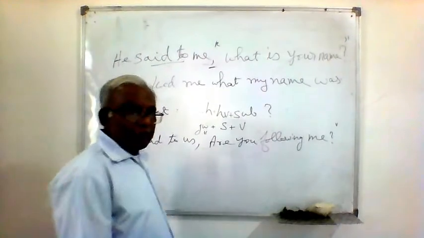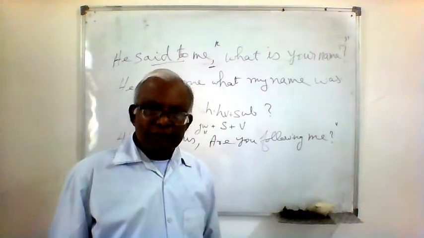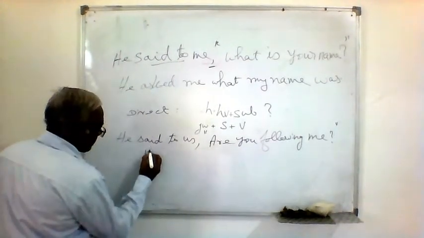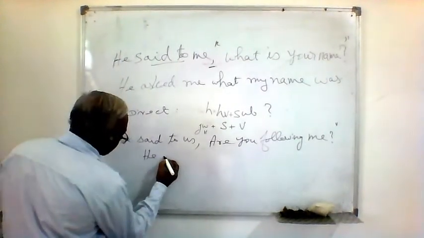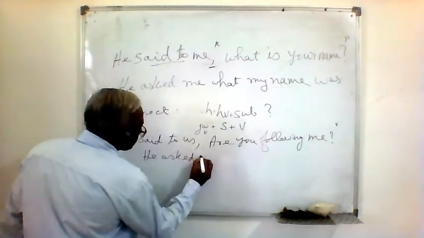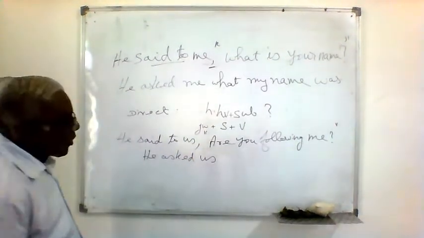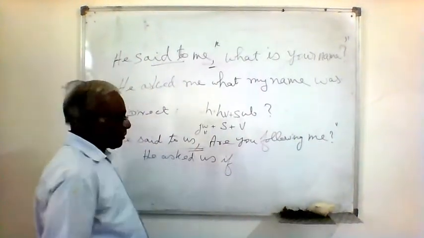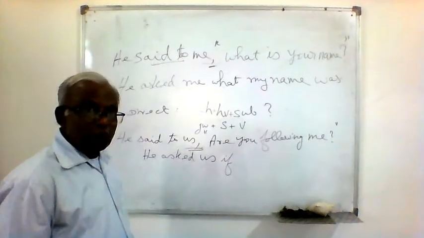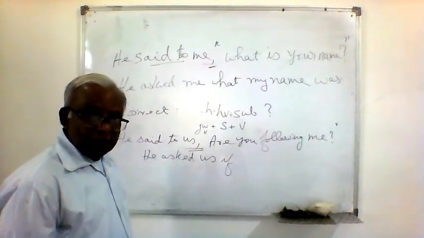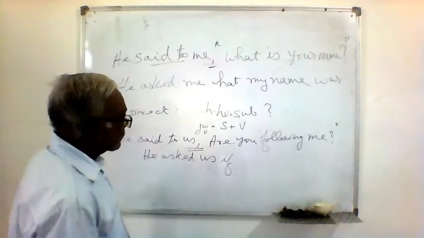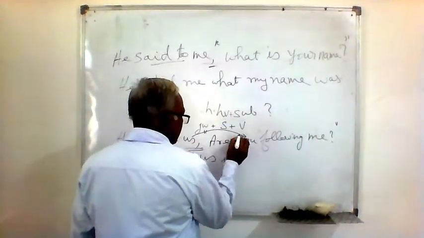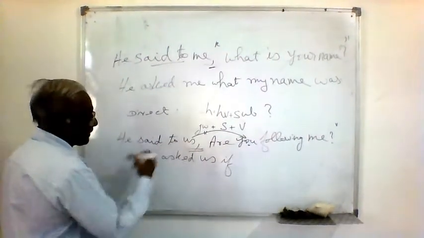The words "are you following me" mean are you able to understand me? Now therefore if we have to report it, how does it become? He asked us, we remove this "are" and the comma and quotation, and we put a joining word "if." The joining word this time is "if." He asked us if the "you" actually refers to the "us."